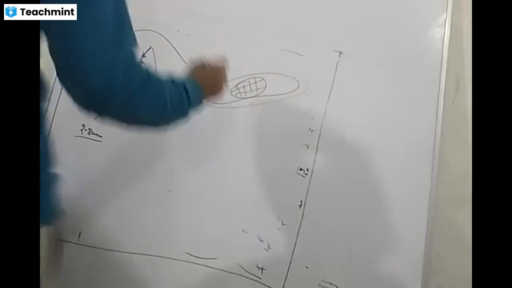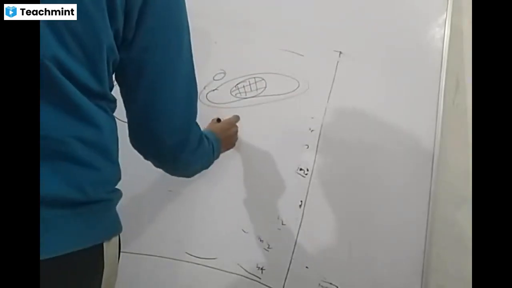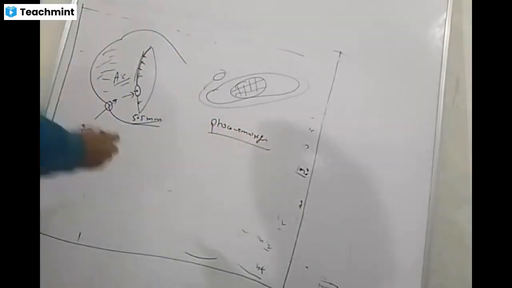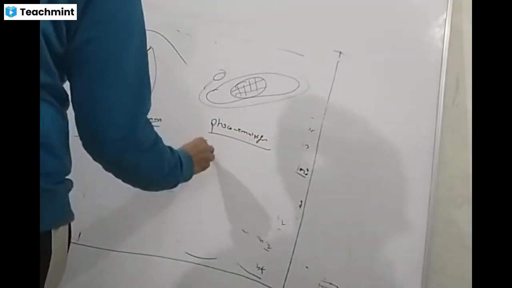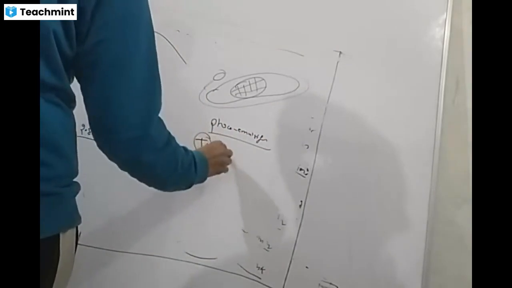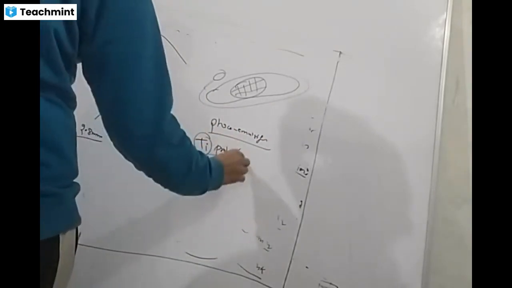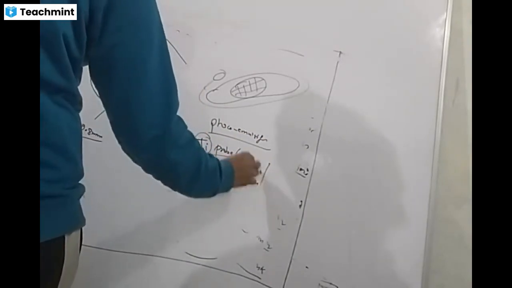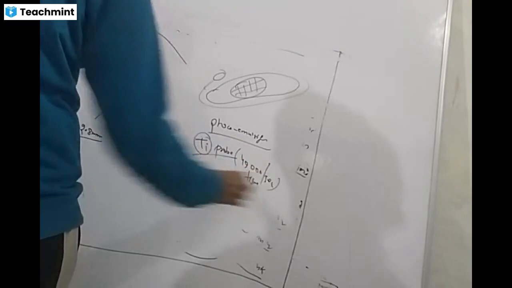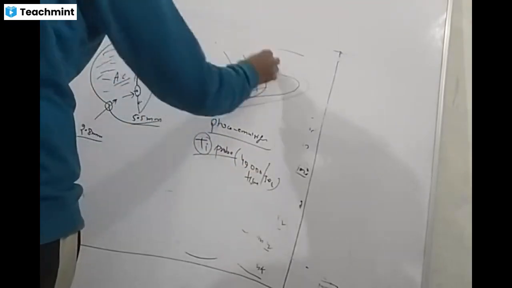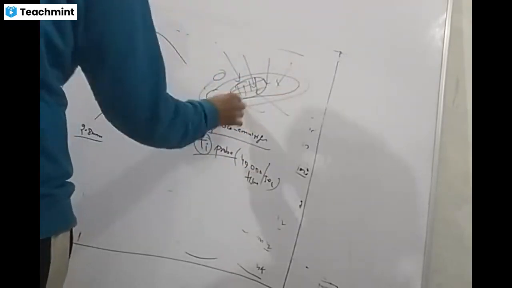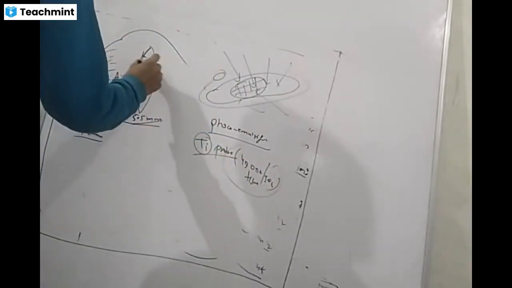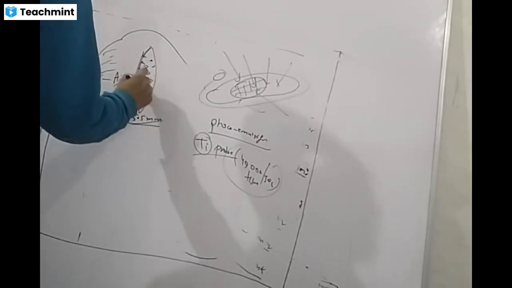Now the step is phaco emulsification. With the help of that titanium probe, which will mechanically hit the lens 40,000 times per second, if you hit something at this frequency, it will become just like powder.